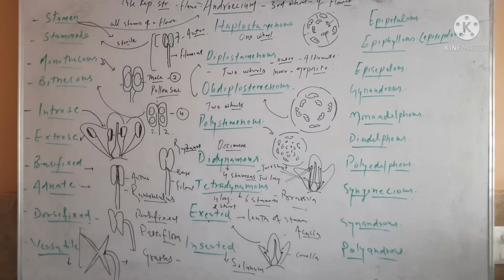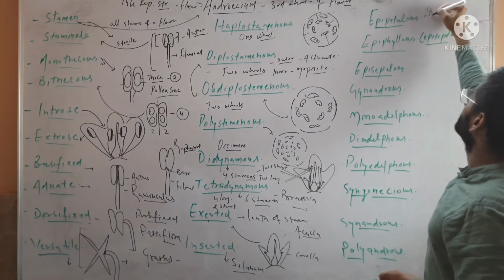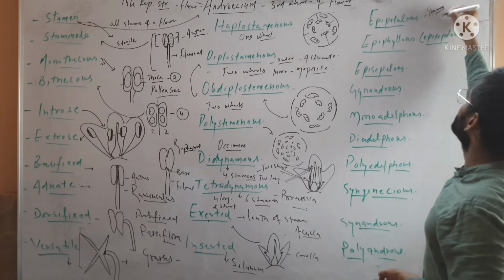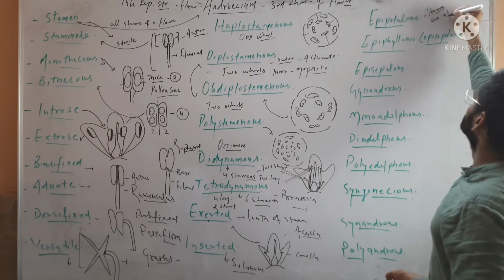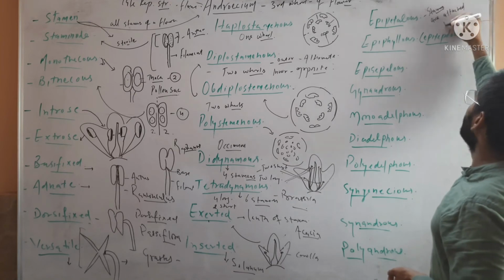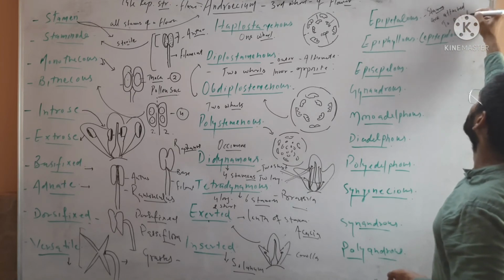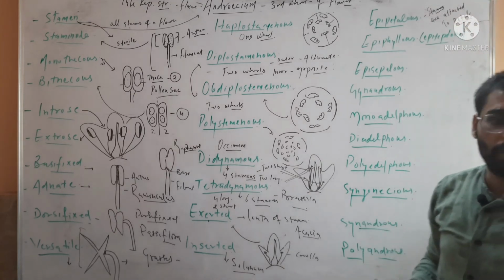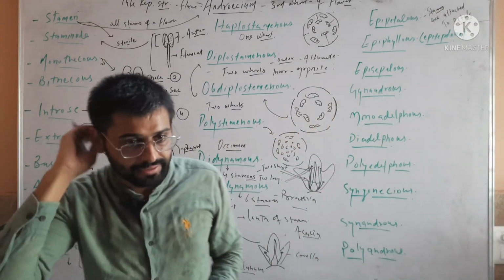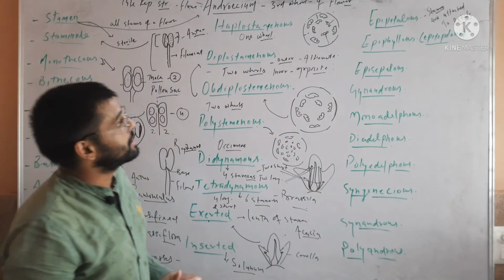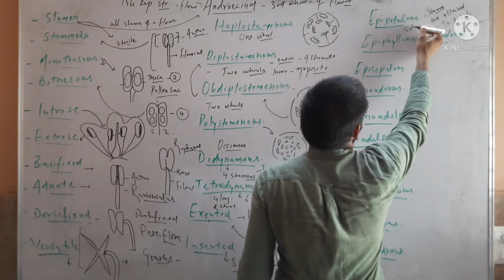Now coming to the next row, that is epipetalous. When stamens are attached to petals, then this condition is called epipetalous. For example, solanum.